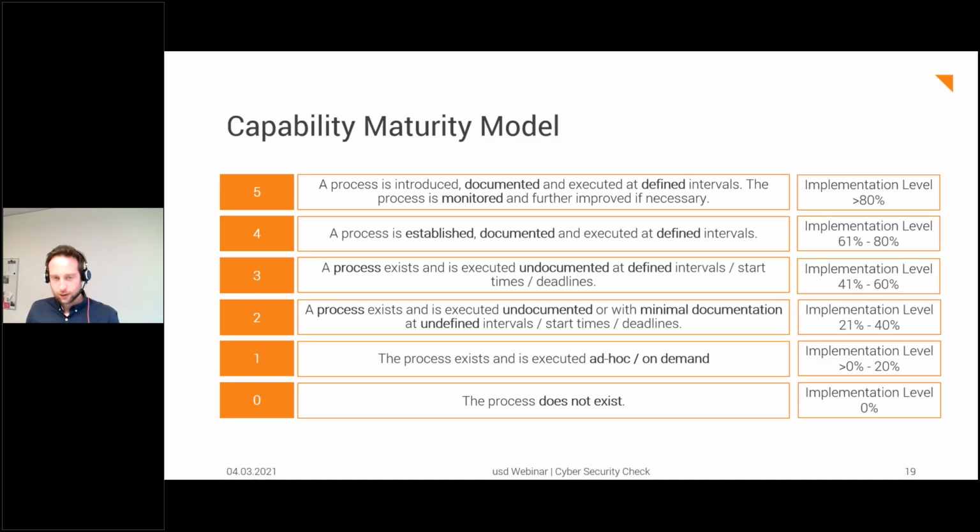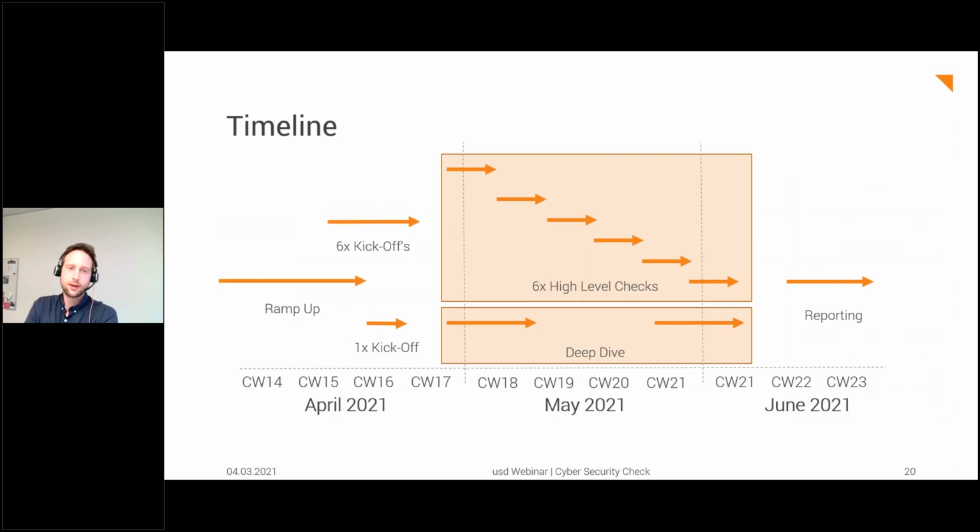So how would that look in the real world? We would basically start, as I said before, the ramp-up period could be 2 weeks, could be 6 weeks. We would then define the scope, and if we want to say we want to do 6, I said 10 high-level checks before. Here, actually, at the end, we only have 6 high-level checks, and we have a deep dive for the recent acquisition in the bottom.